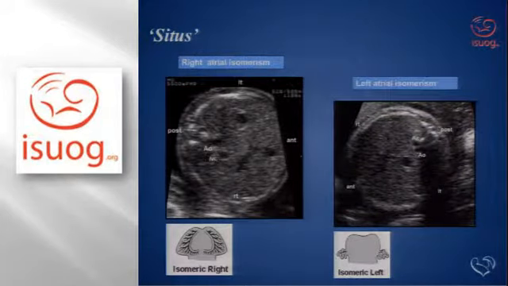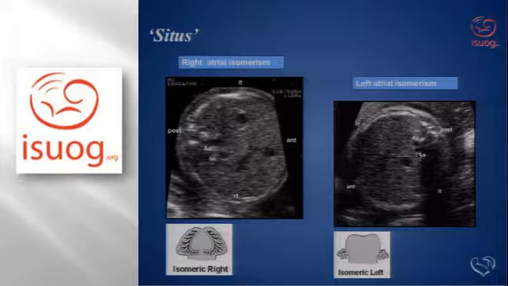Left atrial isomerism is associated, in most cases, not always, with an interruption of the inferior vena cava, so you don't see the IVC, but you see an azygous or a hemiazygous continuation.